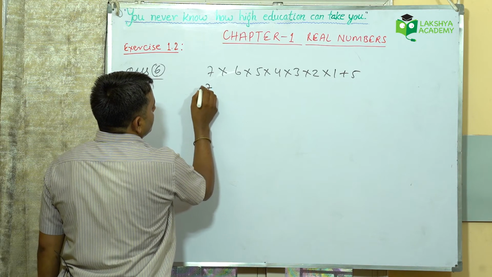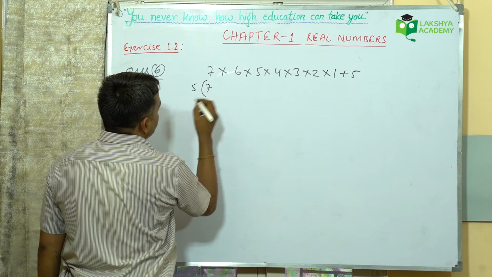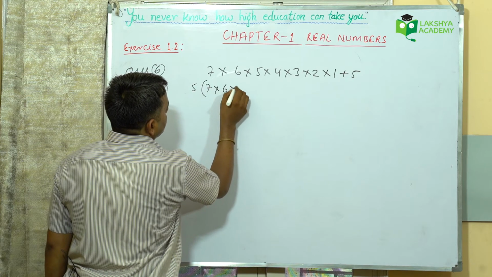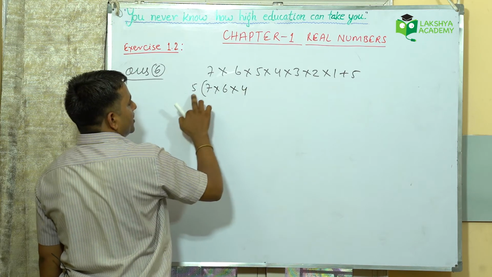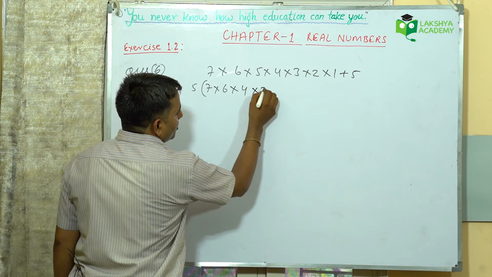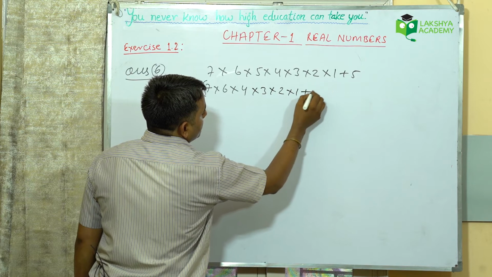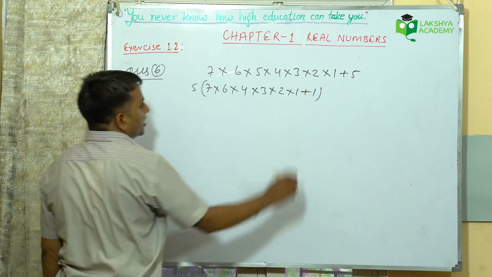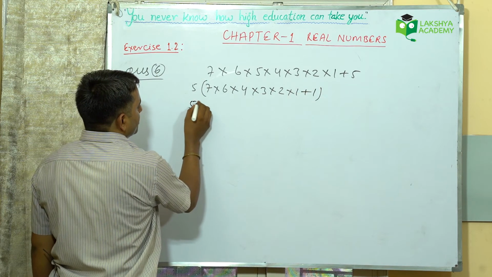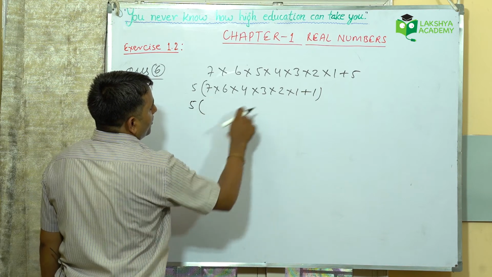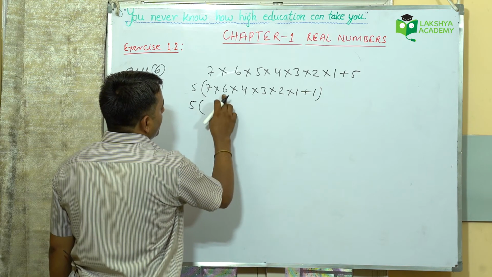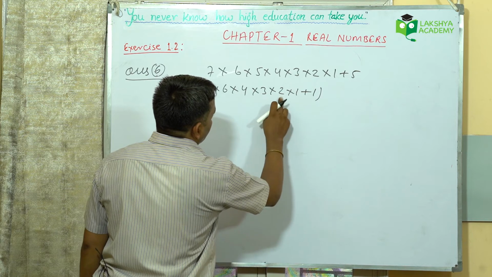So this will be 5 times (7 into 6 into 4 into 3 into 2 into 1 plus 1), because 5 is common, so 1 is left. Now we can multiply them: 7 into 6 into 4 into 3 into 2.